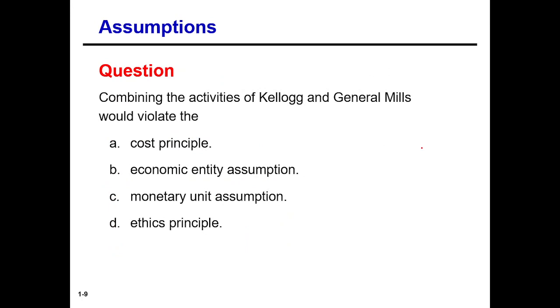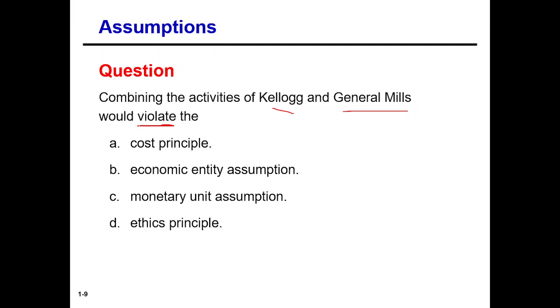Let's see this question. Combining the activities of Kellogg and General Mills would violate what? لو أنا عملت combination between the activities of two separate entities، أنا كده violate what from the GAAP اللي احنا اتكلمنا عنه لغاية دلوقتي.